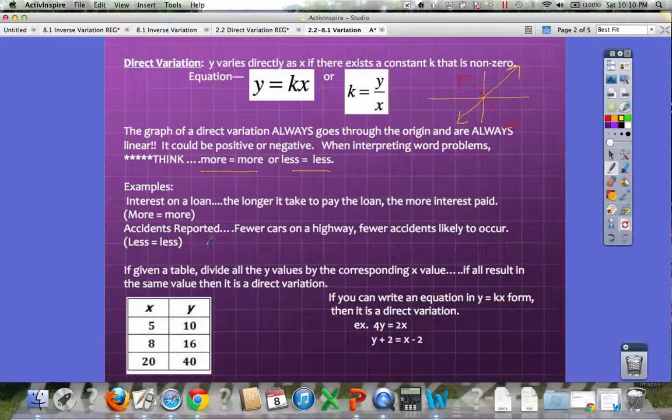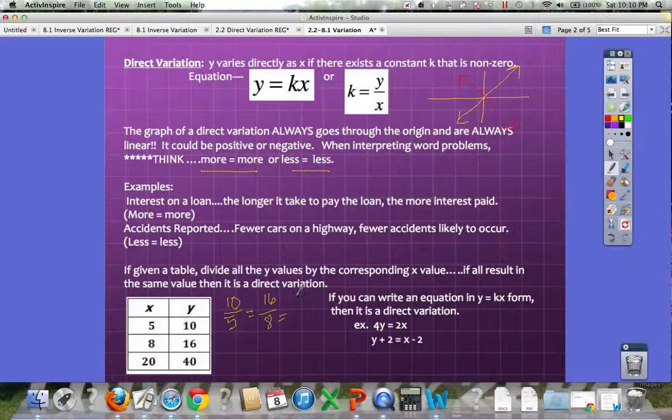Less equals less. Now, if you're given a table, you're going to divide all the y values by the corresponding x value. If all result in the same number, then it's a direct variation. That's where you're going to look at this y divided by x thing. So if I take each one of these ordered pairs, I would say 10 divided by 5, does that equal 16 divided by 8?